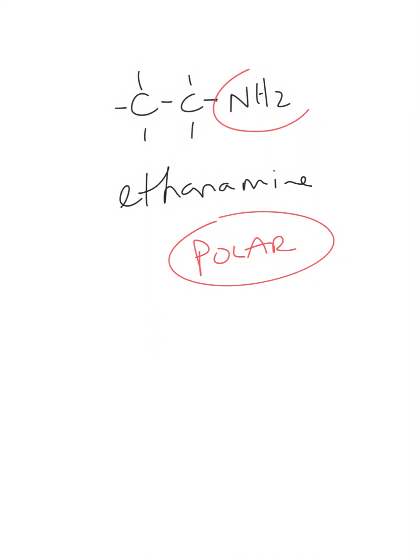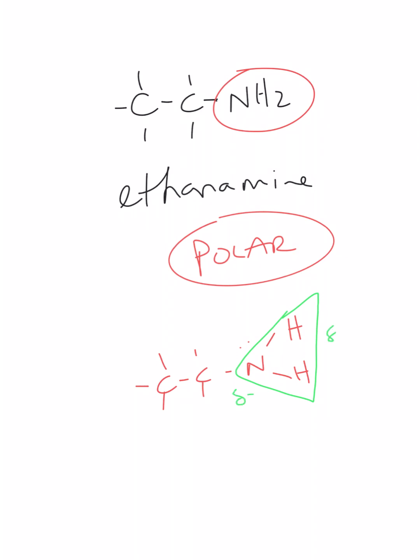It's going to have this amino functional group on one end, and if you were to draw the whole structure out with a bit more detail, which I maybe should have, you'd see there would also be a lone pair around this nitrogen. You're going to end up with a trigonal pyramidal structure around this nitrogen. Hopefully you remember your shapes. So you're going to end up with a partial negative charge on that nitrogen, and a partial positive charge on these. Anyways, believe me, the whole thing's going to be polar.